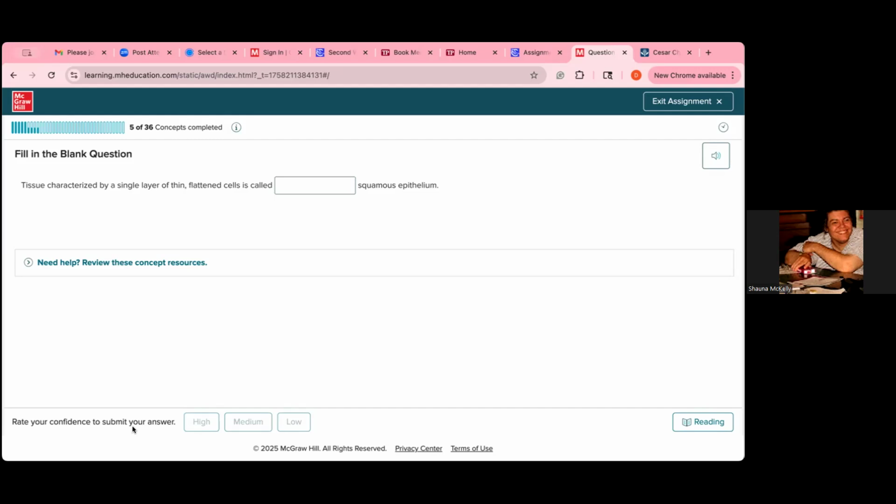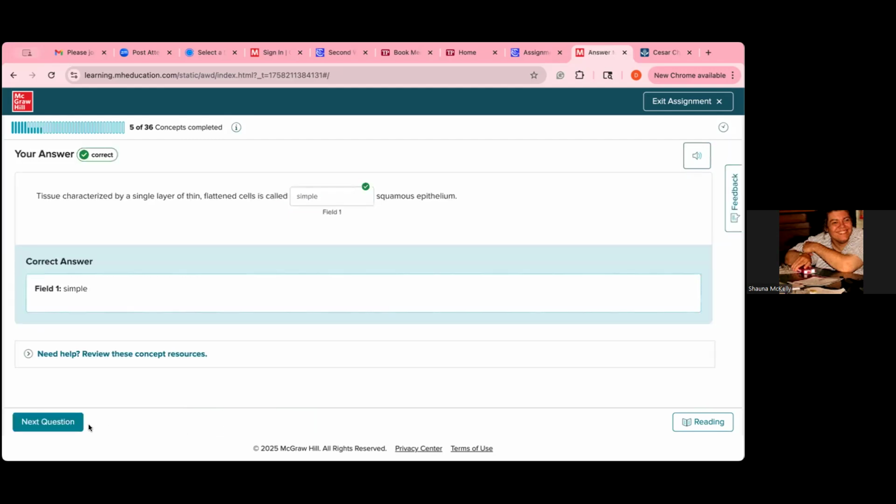From yesterday. It's called simple squamous epithelium. Simple means there's one layer. Good job.